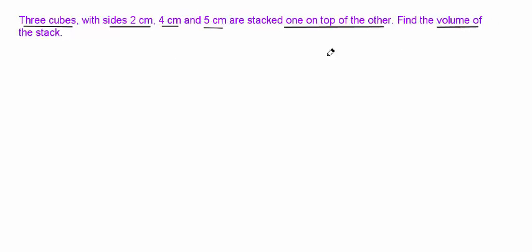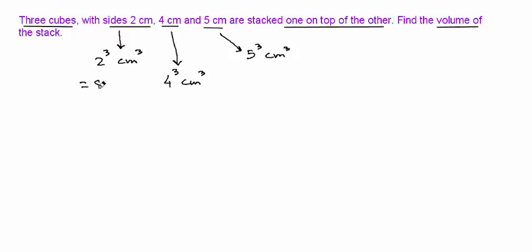So the volume of the stack is going to be equal to the sum of the volumes of the 3 cubes. And the volume of this cube, the one with 2 centimeters on each side, is 2 raised to the third, centimeters cubed. Similarly, the volume of this one is 4 raised to the third, or 4 cubed, centimeters cubed. And the volume of this one is 5 cubed, or centimeters cubed.